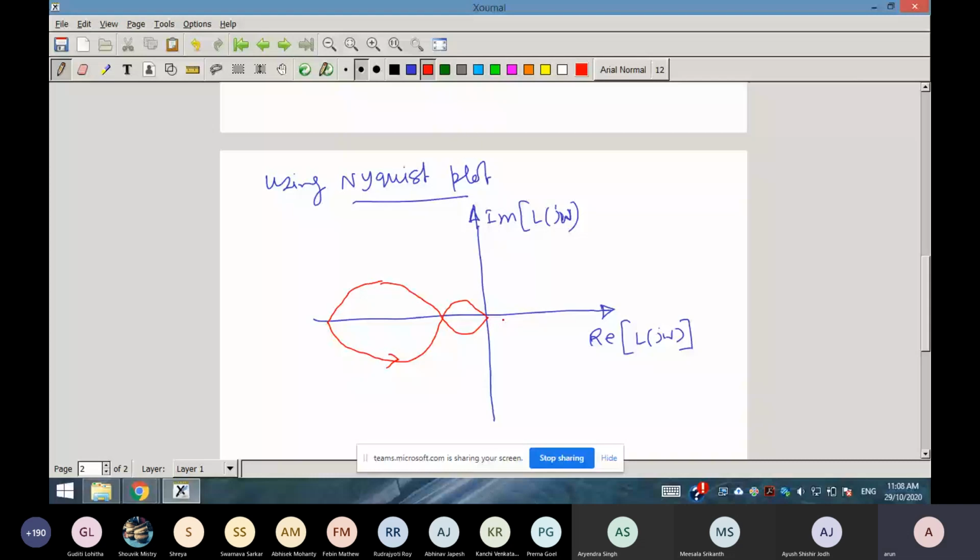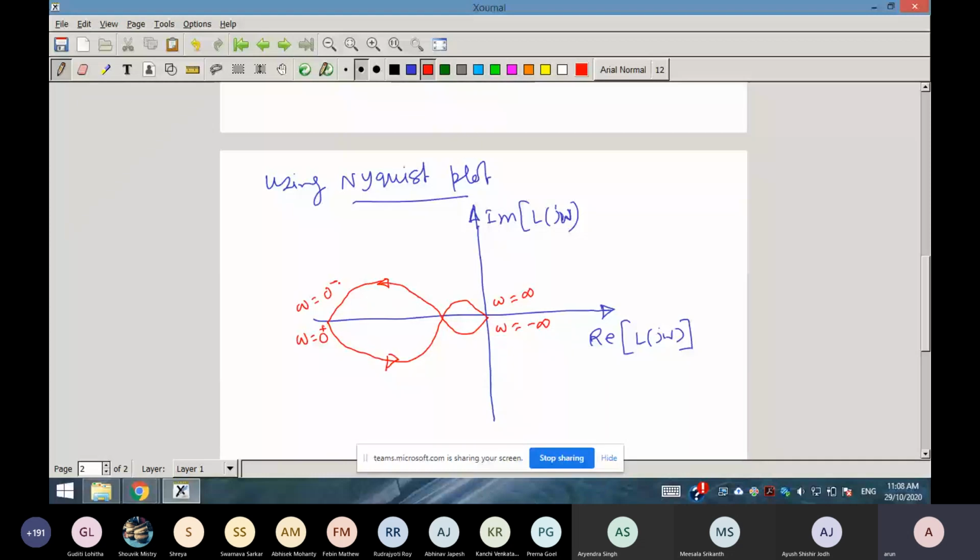So here omega equal to 0. So here omega equal to infinity. Here omega equal to minus infinity, plus infinity. Okay, plus infinity I have not written. This is omega equal to 0 minus.